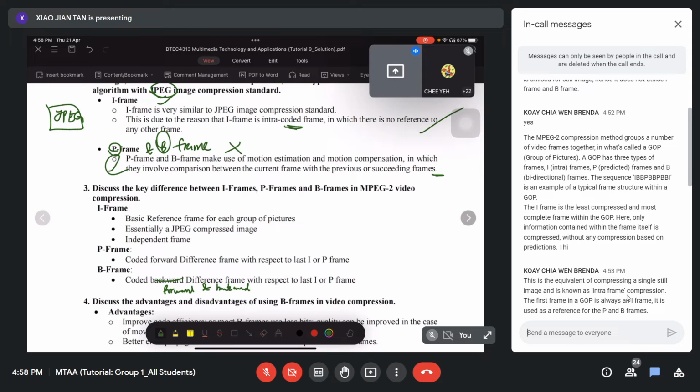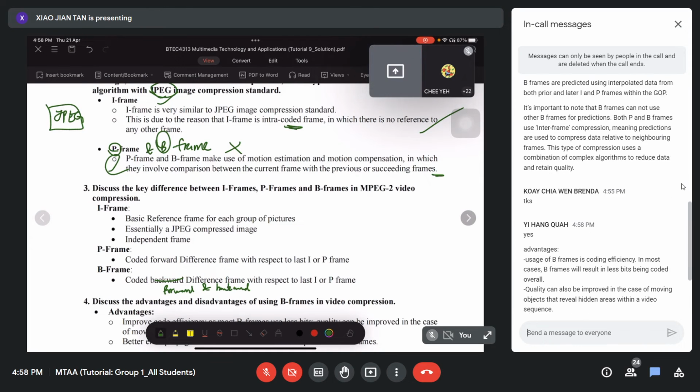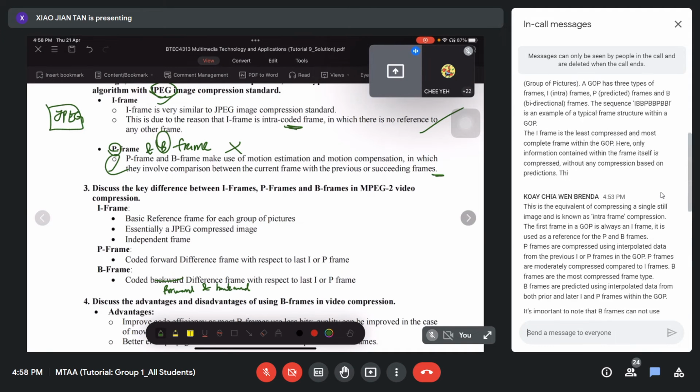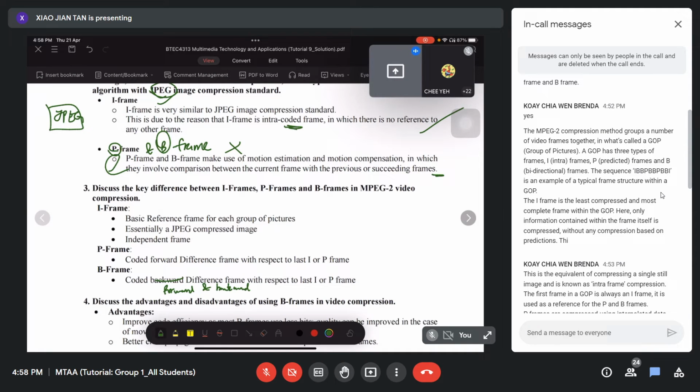The advantage of using B frame is coding efficiency. In most cases, B frame will result in fewer bits being coded overall. Quality can also be improved in the case of moving objects that reveal hidden areas within a video sequence.